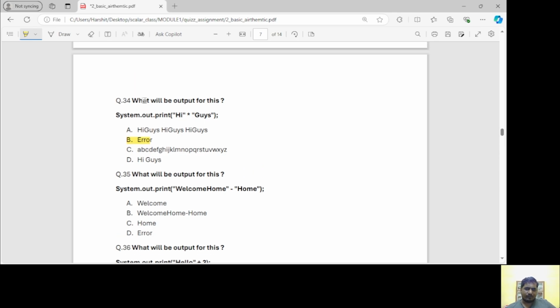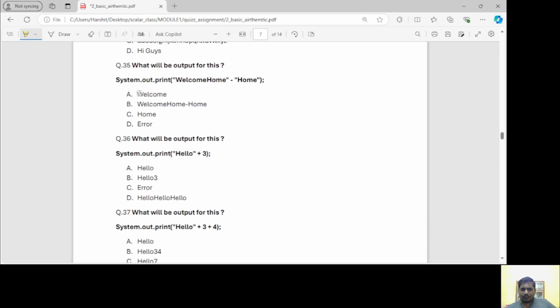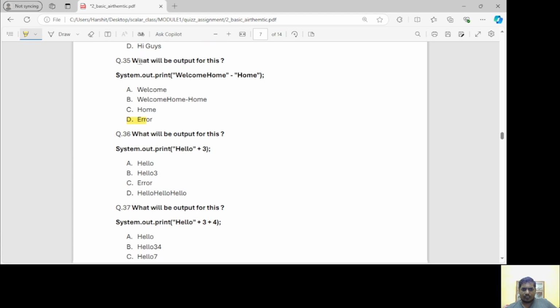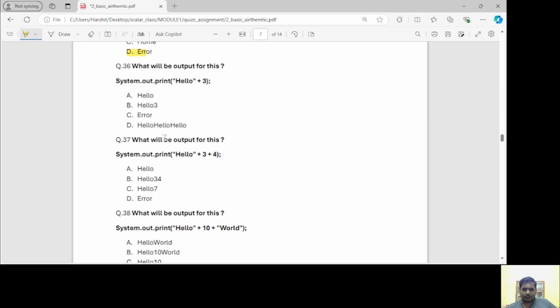Now see question number 35 very carefully. A string minus "home", will it give the result? No. So it gives an error. Now we see question number 36 very carefully. Hello plus 3. Will it be printed? Yes. It will simply print hello 3.